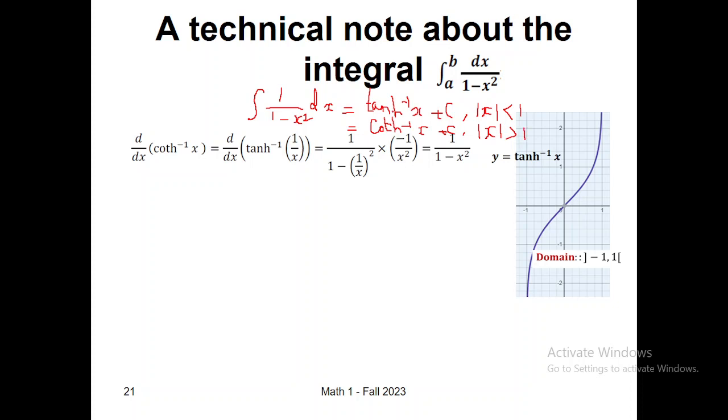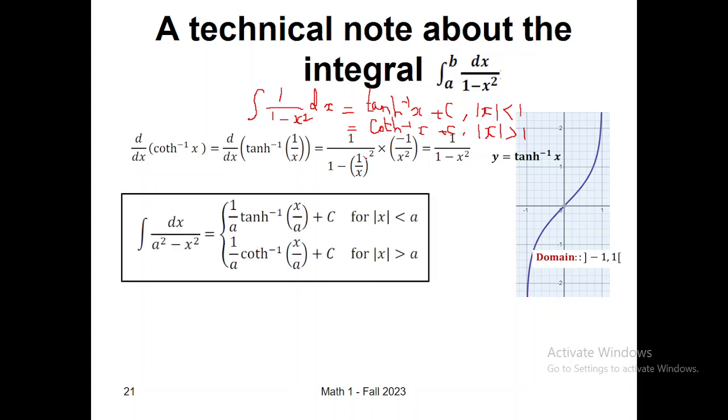So you choose between tangent inverse and cotangent inverse based on the interval. If this interval contains values within the interval from -1 up to 1, you have to apply tangent inverse. But if you are integrating over an interval that contains values greater than 1 in absolute value, you have to apply cotangent inverse.